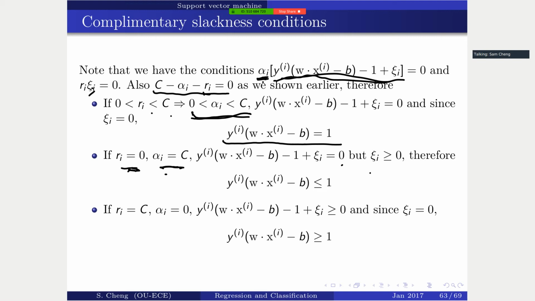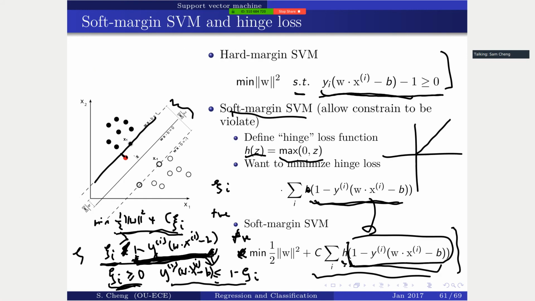Because Ri equal to 0, there's no constraint on Ci here. So this can be bigger than or equal to 0. What I have is that the constraint can be not satisfied. When the constraint is satisfied, it should be like this. So this is the case for this guy here that violates the margin.